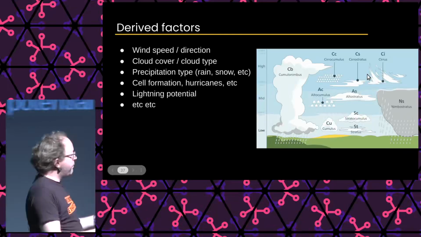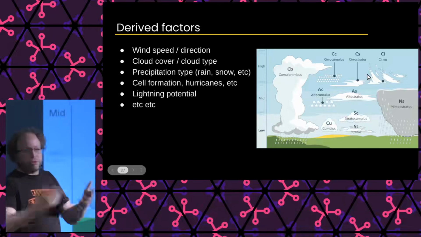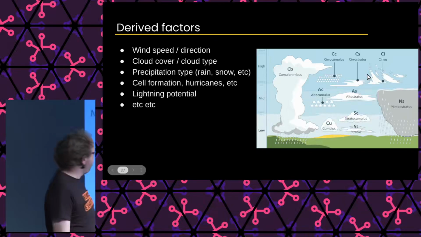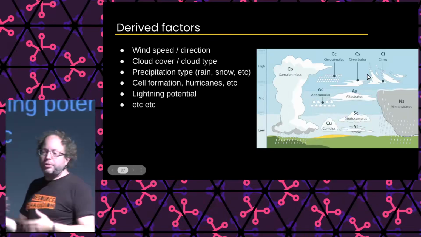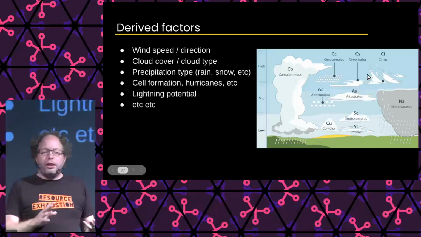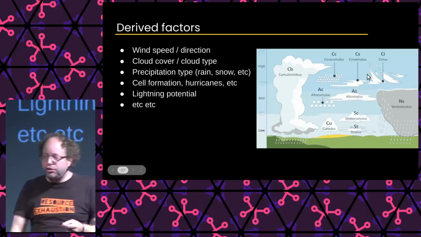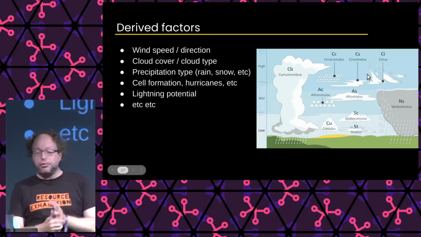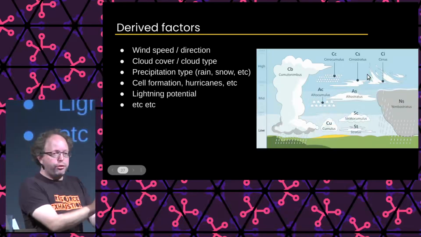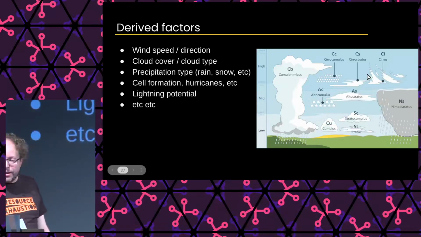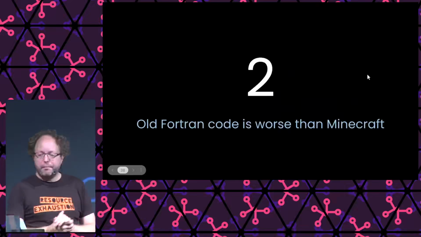So if you know the temperature, you know the humidity levels, and of course we can calculate the lapse rate, you can figure out what kinds of clouds are most likely to arise. And you won't necessarily get it really accurate unless you start accounting for atmospheric vorticity and terrain shape and stuff like that. But depending, again, on how high resolution your model is, you can get this pretty good. So this is where we come to the current day.